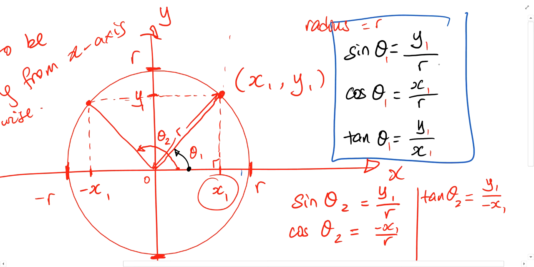Positive. Positive divided by positive is positive. x1 was positive. Positive divided by positive is positive. Tangent, y1 divided by x1, gives us positive. Now, let us try for theta 2, where theta 2 is greater than 90 but less than 180. y1, positive or negative? Positive. Positive divided by positive is positive.